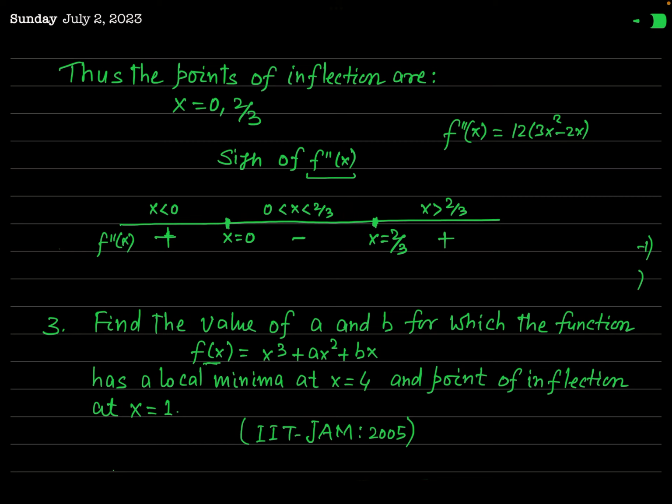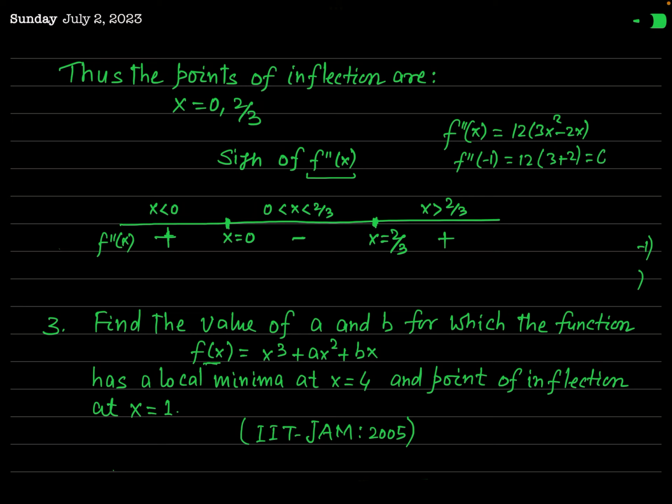Now take a value of x which is less than 0. Let us say, for example, we take x equal to -1 and find the value of f double dash of -1. What will be this? You can see this is 12 into (3 times -1 square, that will be 3, and -2 times -1, this will be +2).